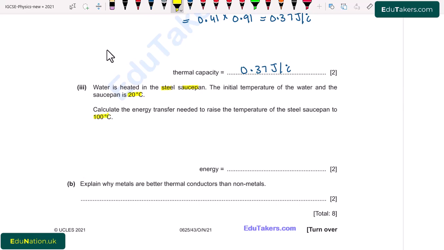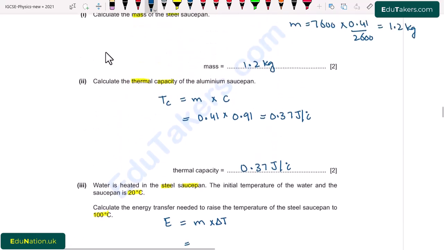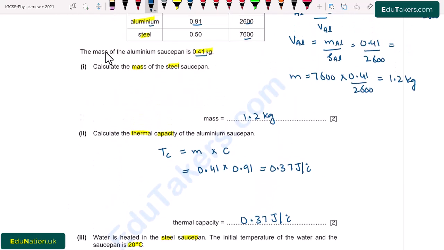So we have to calculate the energy transfer that is needed to raise the temperature from 20 to 100 degrees C. So I write here energy transfer E. It is equal to the product of mass and change in temperature, delta T. So the mass for the steel saucepan is 1.2 kg, that we already calculated.